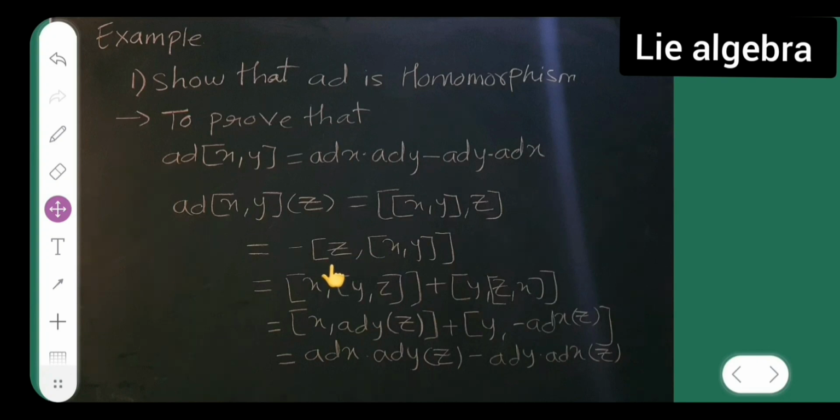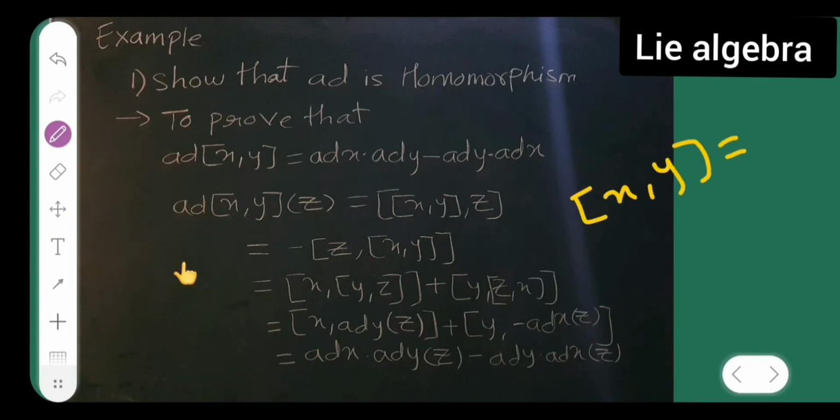Now this is equal to minus the bracket of z comma the bracket of x comma y. Now how did I get this minus sign over here? This is due to the formula: have you all come across the formula like this? The bracket of x comma y is equal to minus the bracket of y comma x, right?